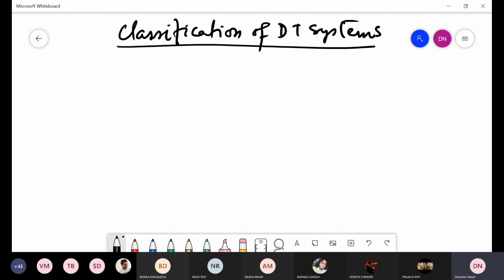Based on the type of operation and the nature of the system, we can classify discrete time systems into several categories. The first one I want to discuss here is static system and dynamic system.